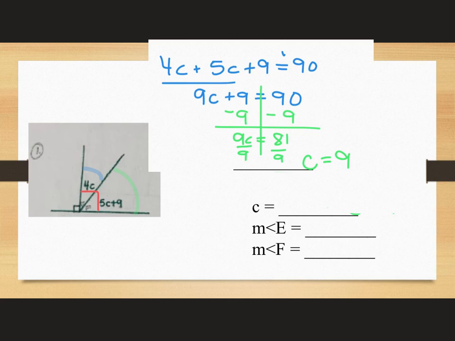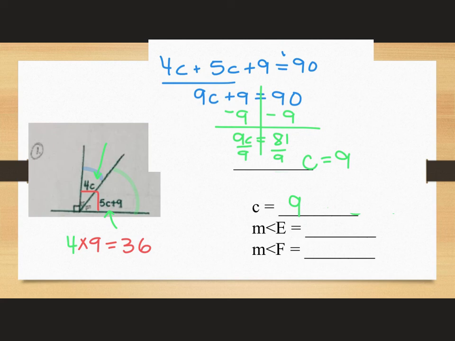Okay, so we know that C is 9. Now I can substitute 9 for C to figure out the measure of angle E, and substitute 9 for C to figure out the measure of angle F. Angle E was 4C, so 4 times 9 gives us 36.